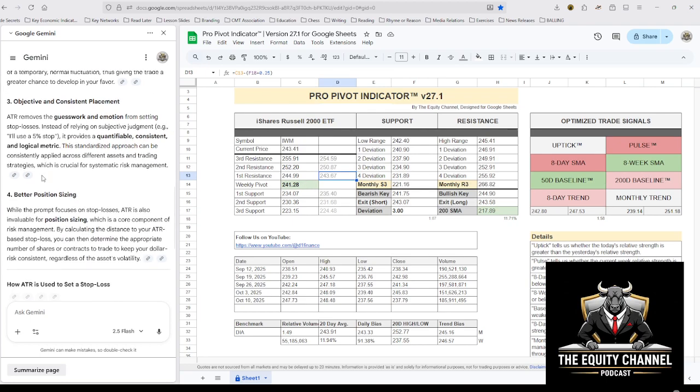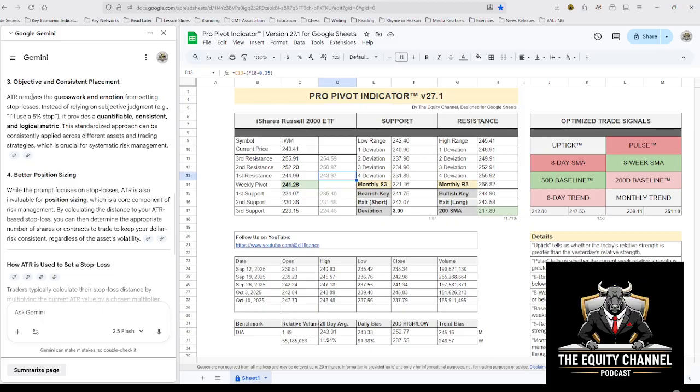Now, you then have objective and consistent placements. ATR removes guesswork and emotion from setting stop losses, instead of relying on subjective judgment, for example, I'll use a 5% stop. It provides quantifiable, consistent, and logical metrics.